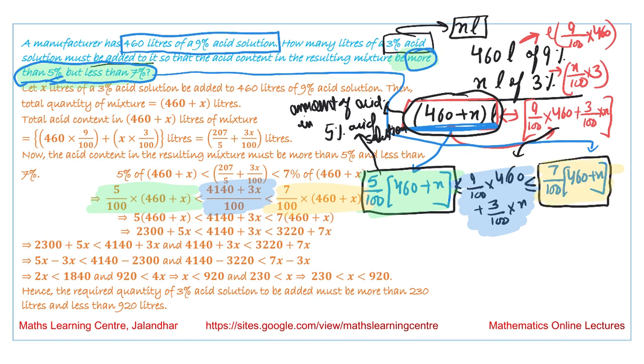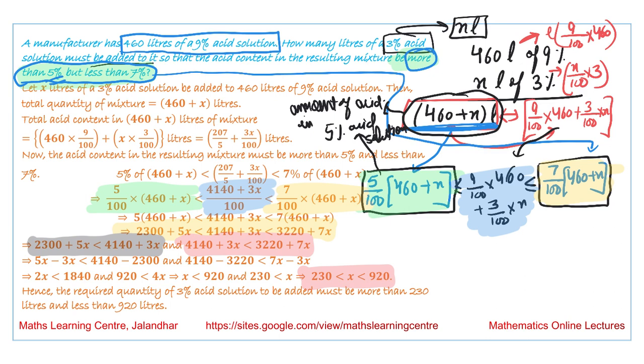On simplifying these values, we obtain the system of inequations in this form. These are the two inequations that we have, and we have shown the calculations here. You can try these values after this. This is the first system and this is the second system, and on solving them, we obtain that x should lie between 230 and 920.